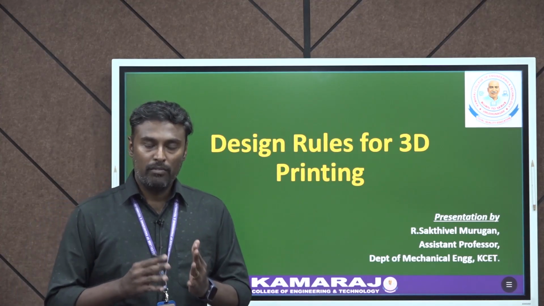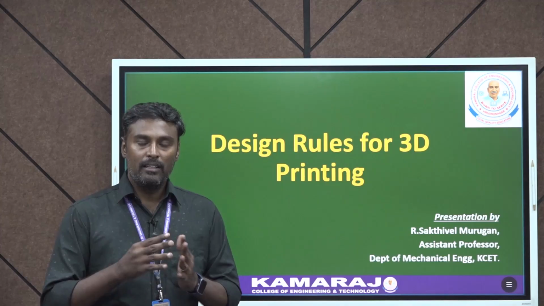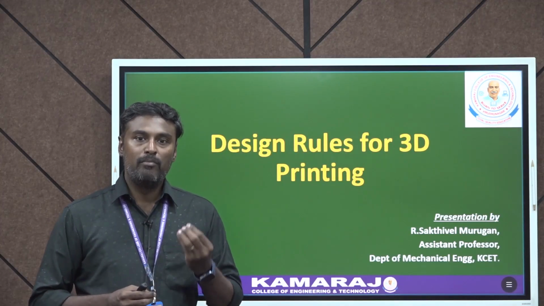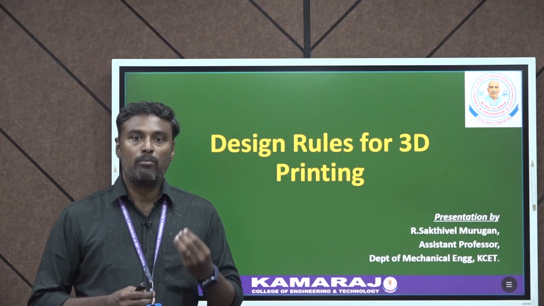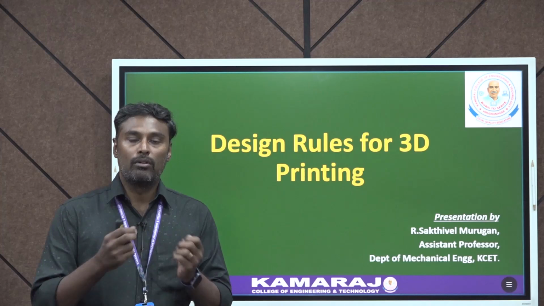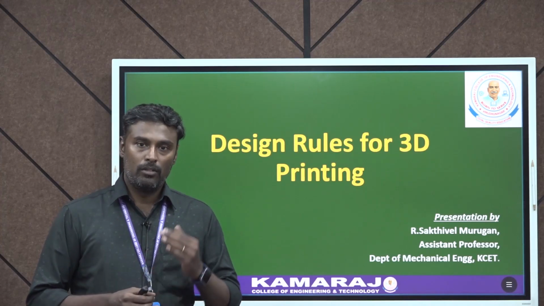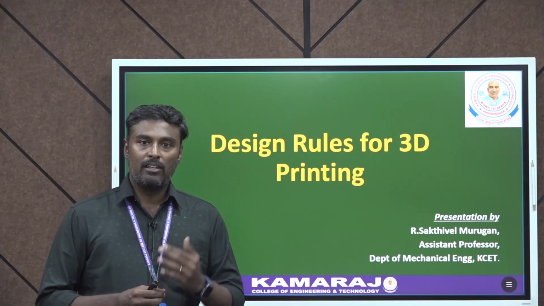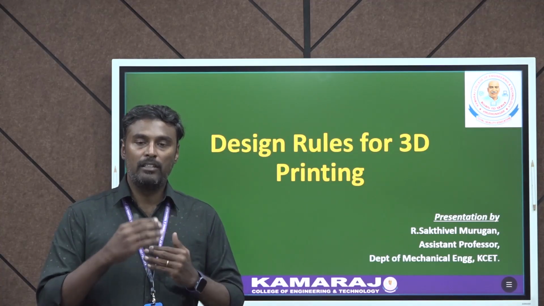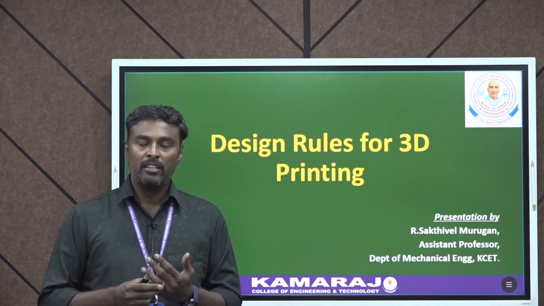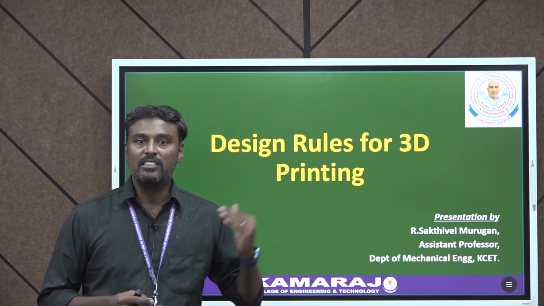If we have not designed properly for 3D printing, the product after printing will be fragile or will break, or it can break at the time of post-processing. So in order to ensure quality and accuracy, and to fabricate end user products using the 3D printing process, we have to focus mainly on these design rules.